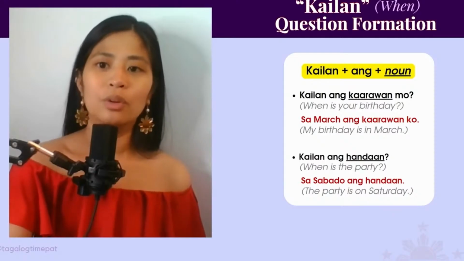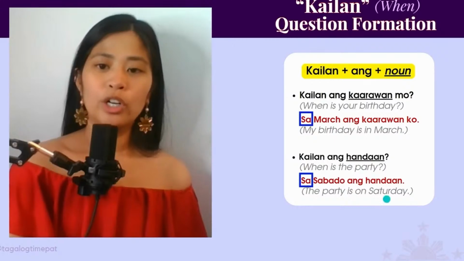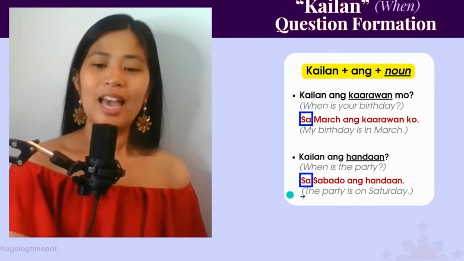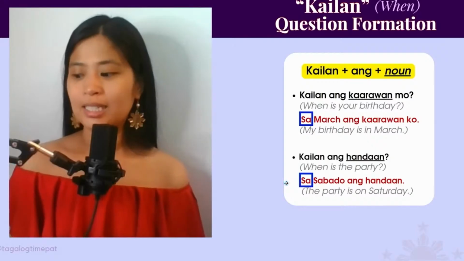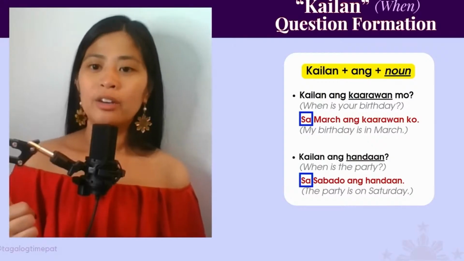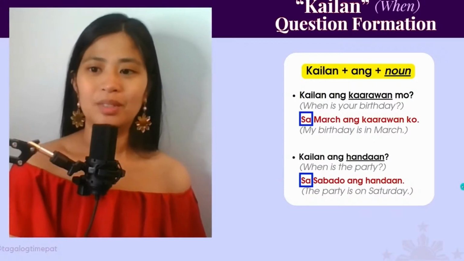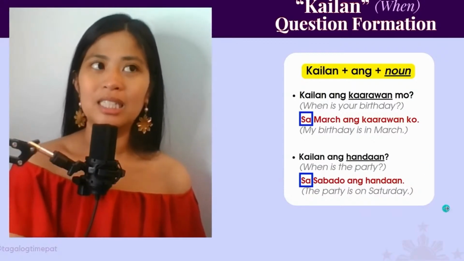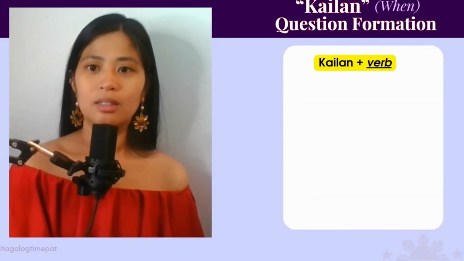Okay, so those are the different ways you can use kailan. There's this word sa again, and in this case, it's being translated as on or at a certain time. So that's where, or that is the leading word in your responses.